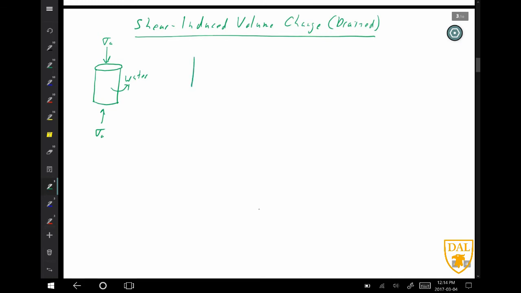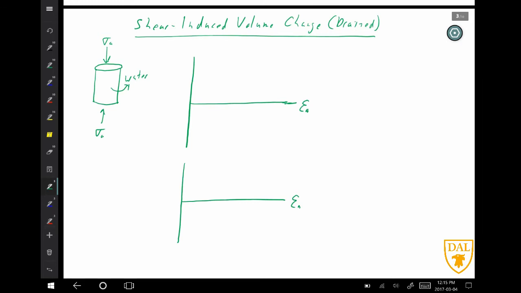And let's draw down here two other plots lined up with each other. Let's make the horizontal axis the axial strain, or the vertical strain while you're testing it. So that's measuring the displacement.